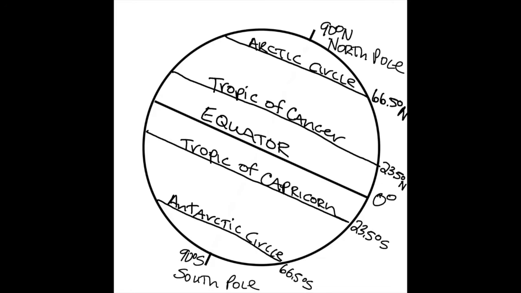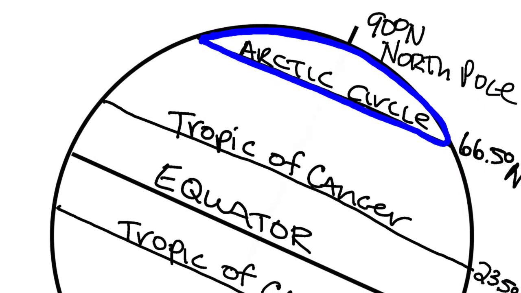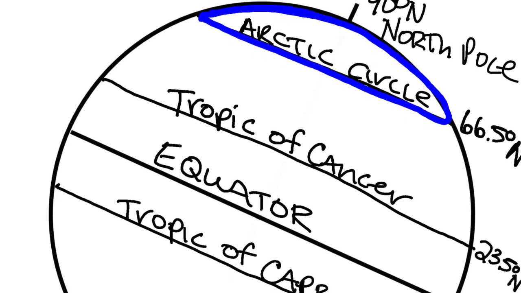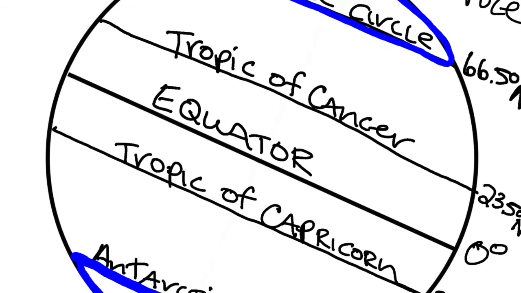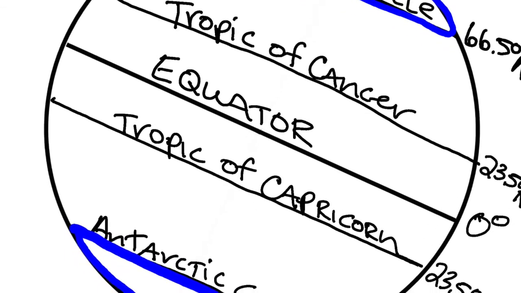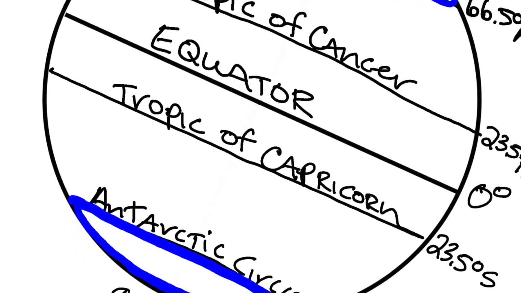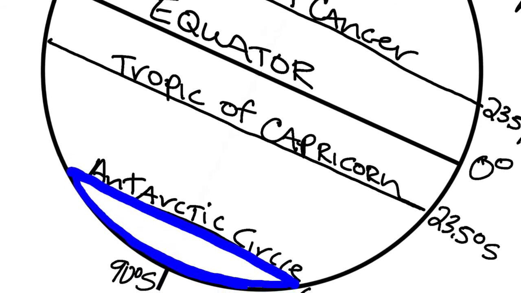Within these areas, from the Arctic Circle up to the North Pole, from the Antarctic Circle down to the South Pole, you can get 24 hours of complete daylight and 24 hours of complete darkness at least once a year.